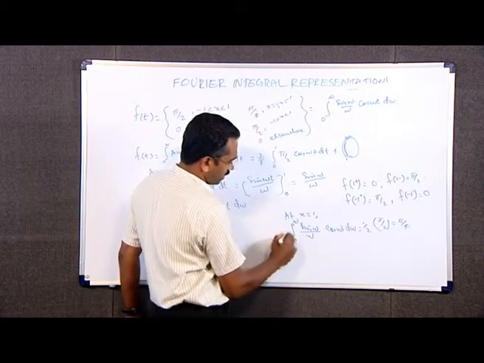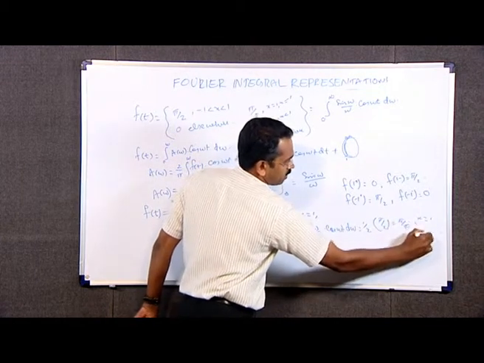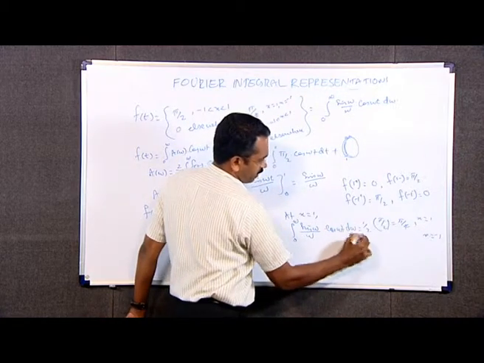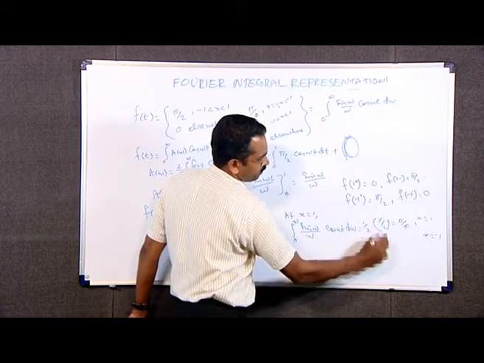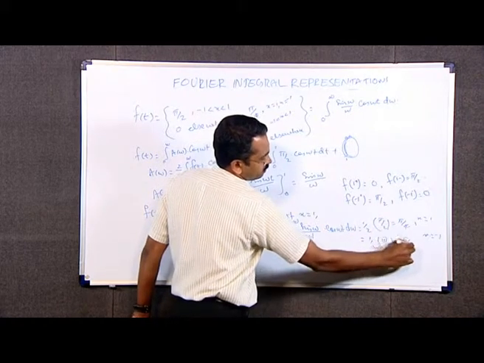Similarly, for x equal to minus 1, the value of this integral is 1 by 2 into pi by 2 plus 0, which means pi by 2, that is pi by 4.